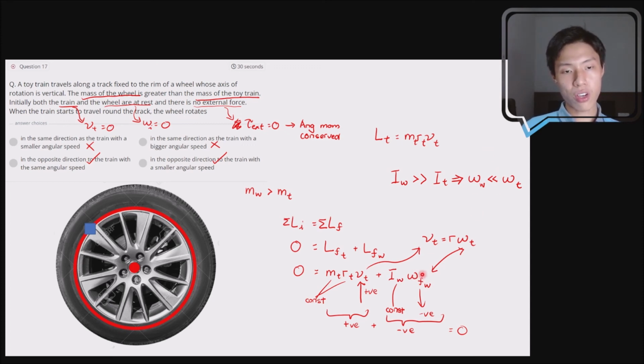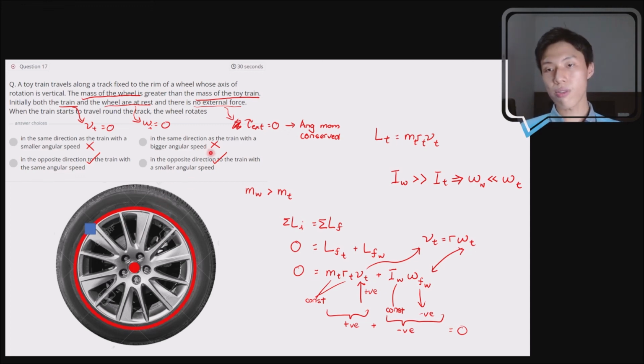So therefore, you should expect this one to only rotate with a very small angular velocity compared to the angular velocity over here. The toy train will finish one circle in a shorter time, whereas the wheel will be rotating slowly, so it takes more time to finish one complete circular rotation.